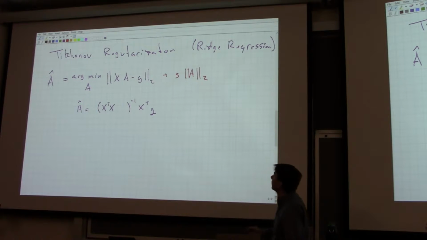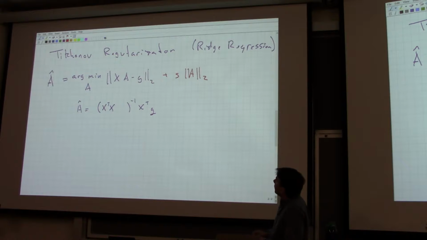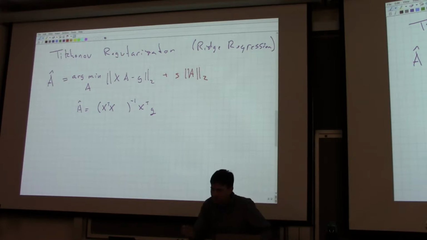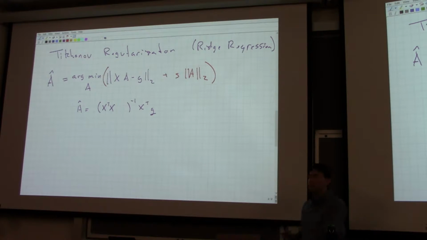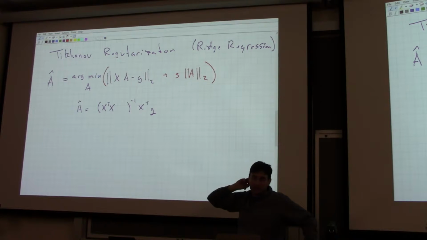I'm going to penalize by this parameter s the 2 norm of the coefficients. If the coefficients are larger, then my total cost, which is over both these terms, is larger. I'm going to penalize larger coefficients, forcing them to be smaller. The larger the value s, the more I penalize large coefficients.